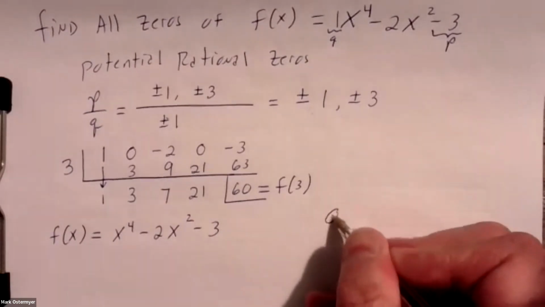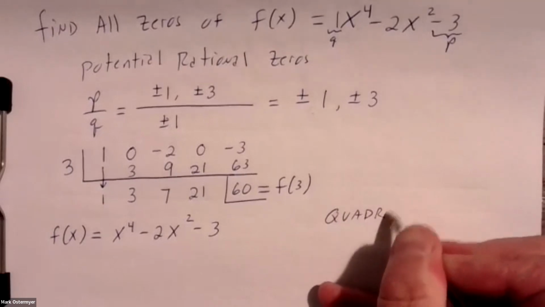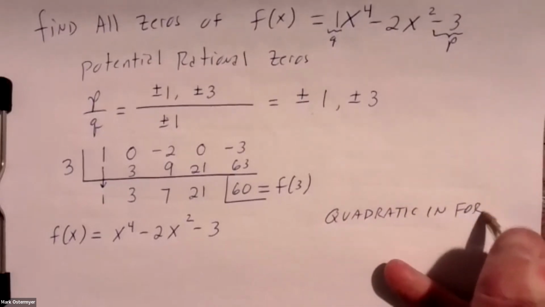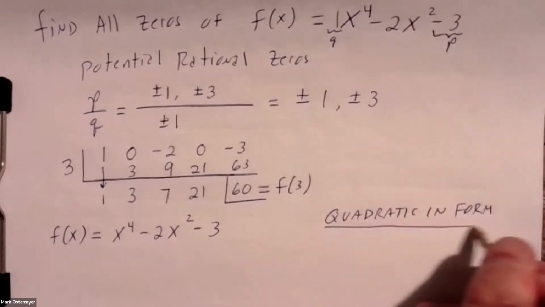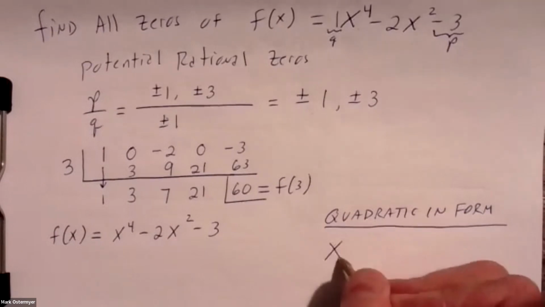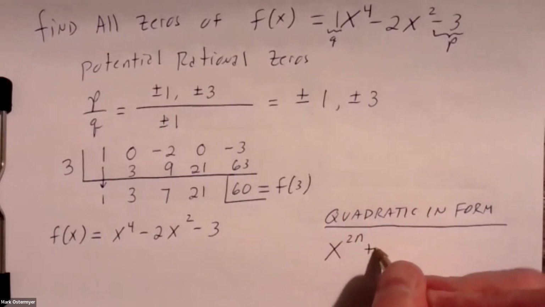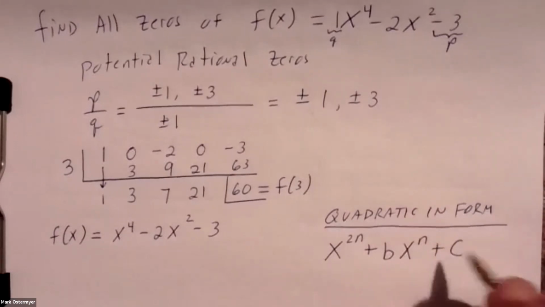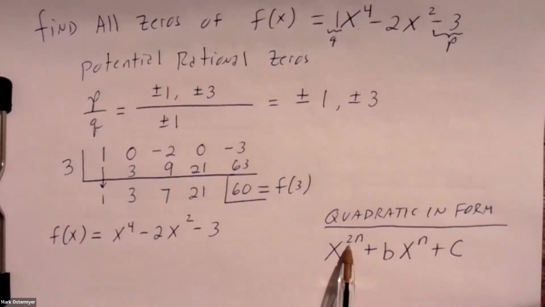We say that a trinomial is quadratic in form. I didn't say quadratic necessarily. I said quadratic in form if it has this structure: x to the 2n power plus b times x to the n power plus c. We call this a quadratic form trinomial if the leading degree is twice the degree of the middle term.